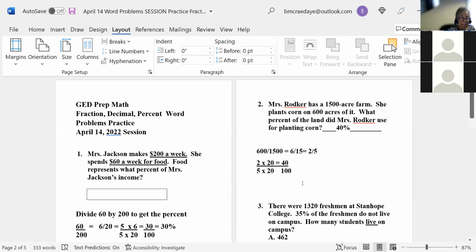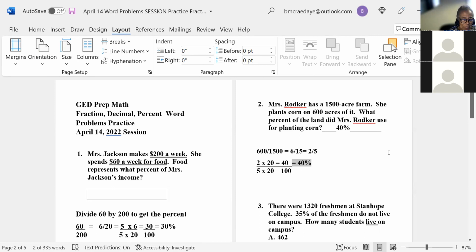Vanessa taught me that you can eliminate the zeros, so you don't need to work with those zeros. If you can eliminate them in both places, that's 40%. Sometimes when you look at the number 600 over 1500, you say, oh my gosh, this number is big, how could I do this? And I remember before COVID, you would say you can eliminate 2 zeros here and 2 zeros here, and you've got it nice and simple: 6 over 15.